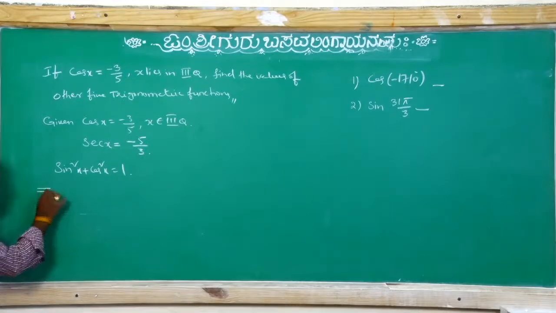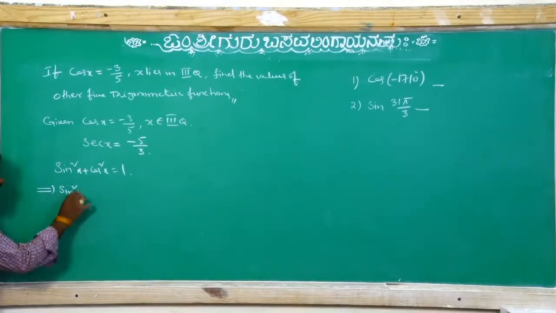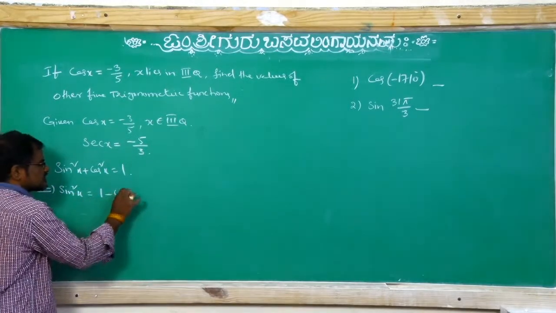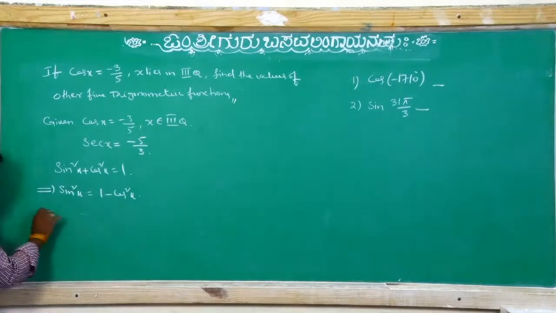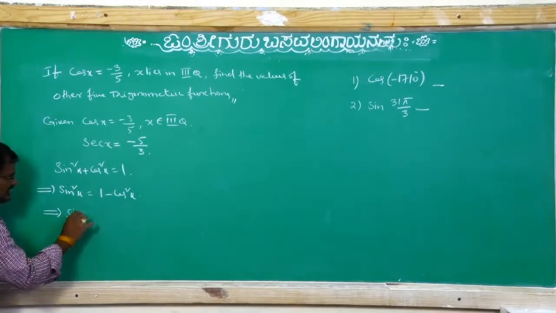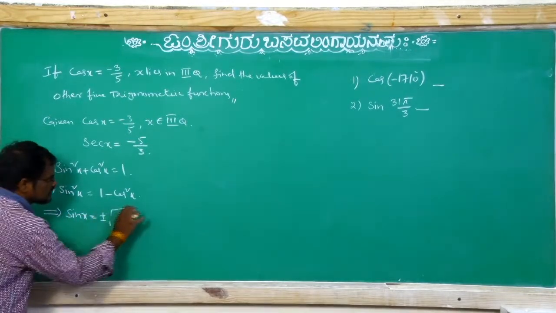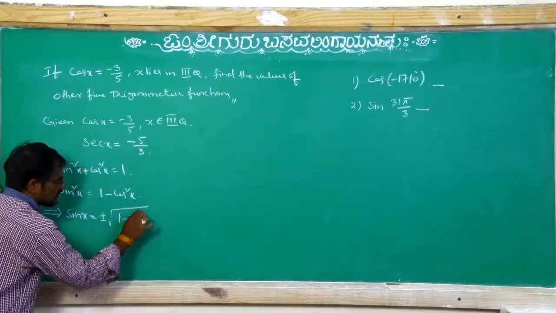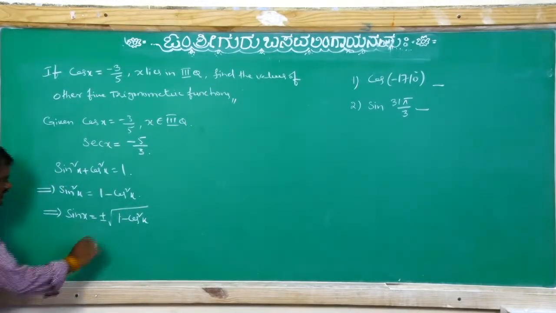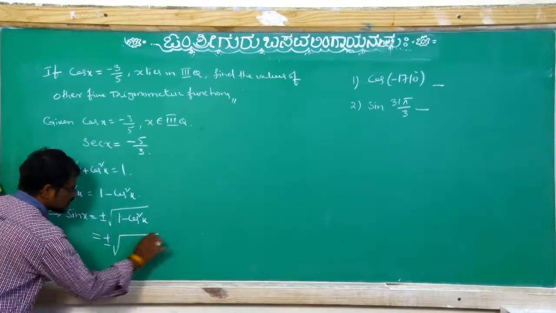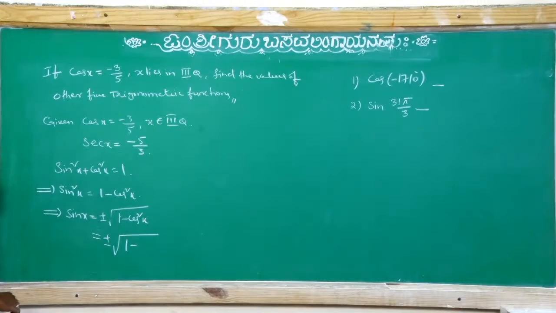So from this one, sin square x equal to 1 minus cos square x. That implies sin x equal to plus or minus root of 1 minus cos square x, that is equal to plus or minus root of 1 minus, here cos x equal to minus 3 by 5.